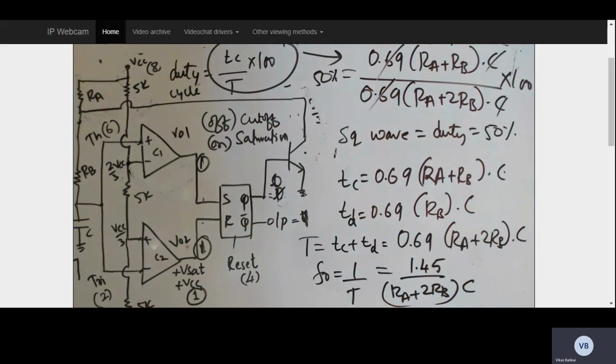Accordingly, I'll fix those RA and RB values, and I'll ensure a perfect square waveform can be generated out of this astable multivibrator. Because there is no fixed state in which it is going to stay for a longer duration of time, it is going to fluctuate between the charging and discharging states, hence the name astable multivibrator. So this is the astable multivibrator concept that I was supposed to introduce in this lecture.